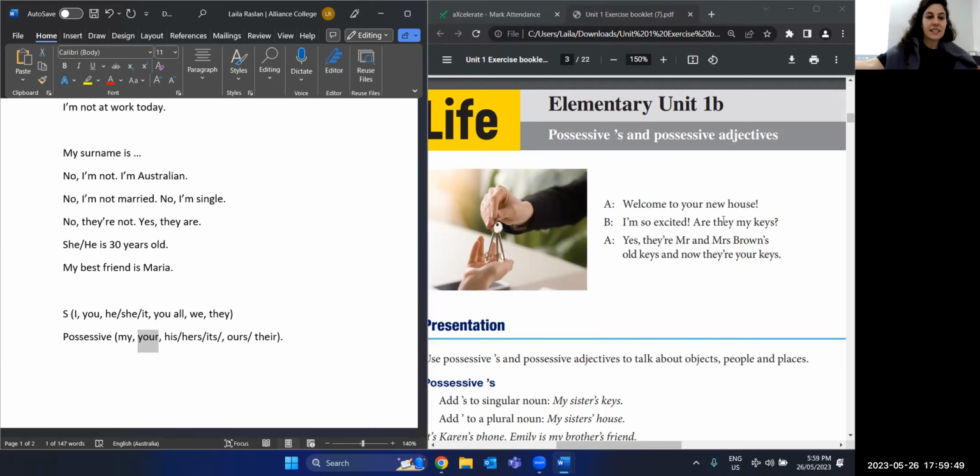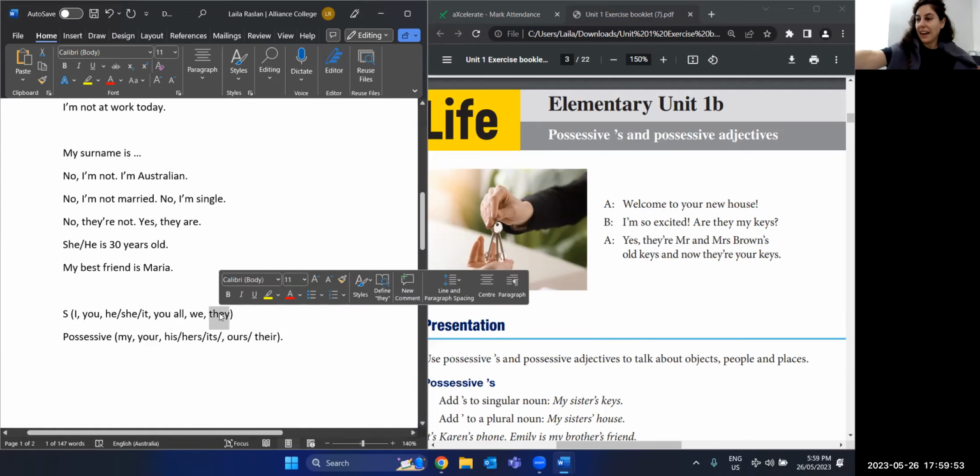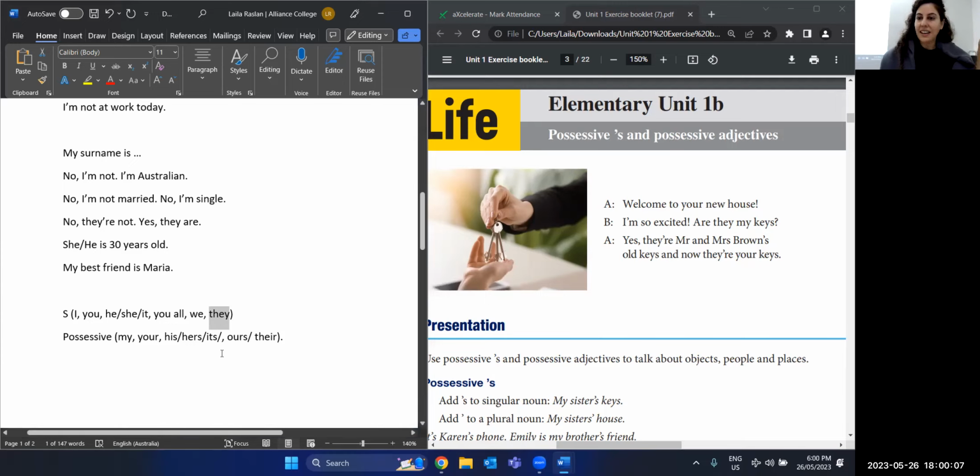It's not a sentence that's starting with they. We're not talking about like those children, they are very quiet. We're not starting with the subject. We're talking about something else that's not the subject. It's not doing the action. So it's, are they my keys? So that one, yes.